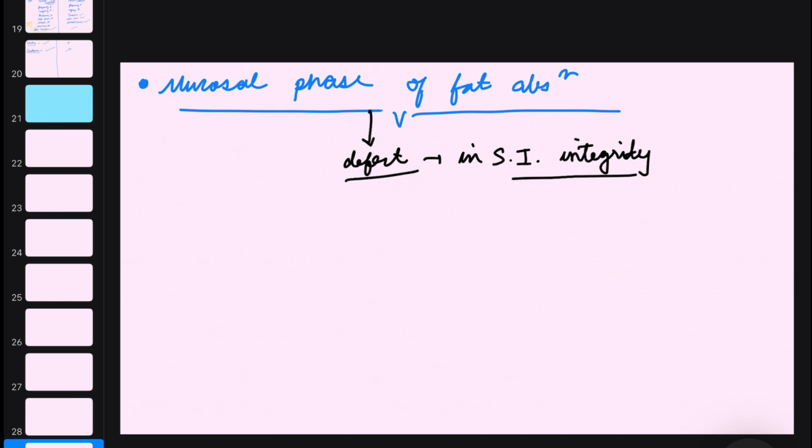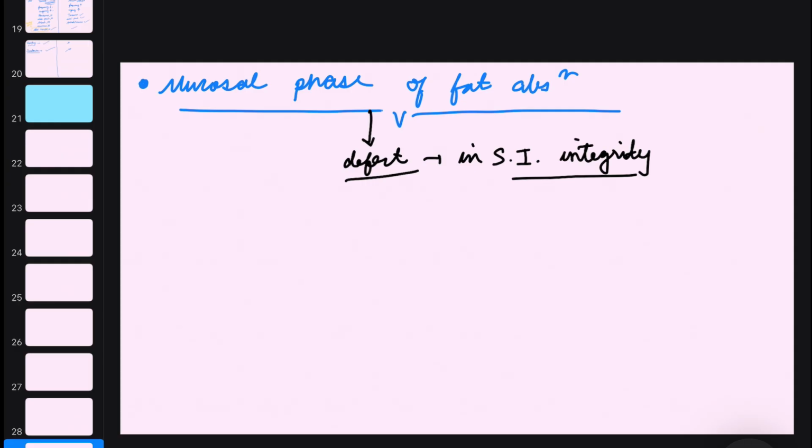What do I mean by that? What is the analogy here? What I mean to say is, no enterocytes, no fat absorption. If the enterocyte integrity is lost, fat absorption will be hampered. But do you need any more intelligence to say that if the enterocyte integrity is lost, won't protein and carbohydrates be affected as well?